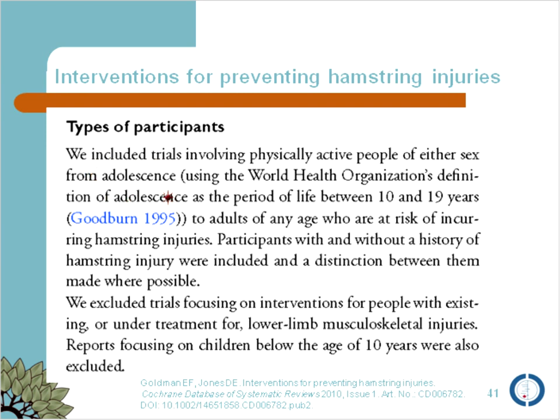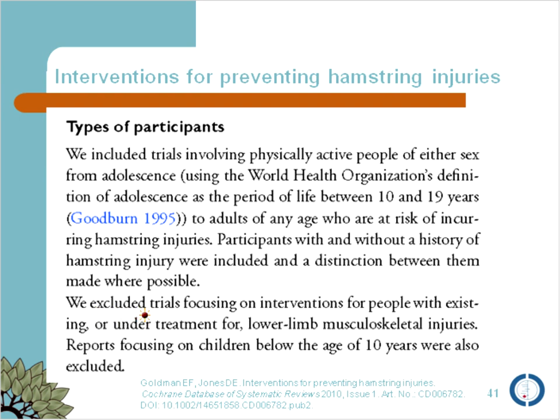They've indicated that they're interested in people who are at the adolescent stage, and they provided what they're going to use as a definition for that. They're also interested in adults. They've addressed that they'll include them irrespective of whether they've had a history of hamstring injury or not, but they've thought about that and made it explicit.